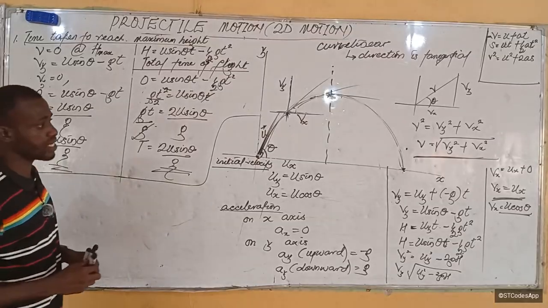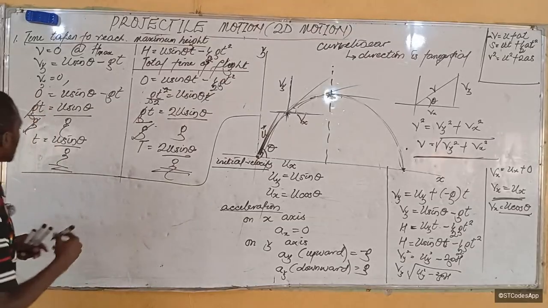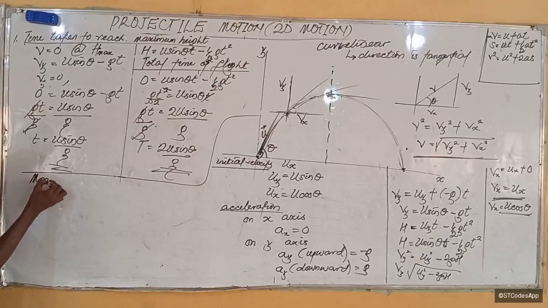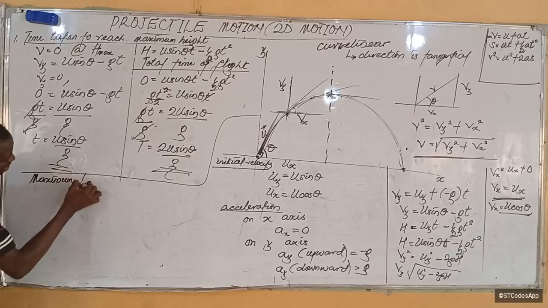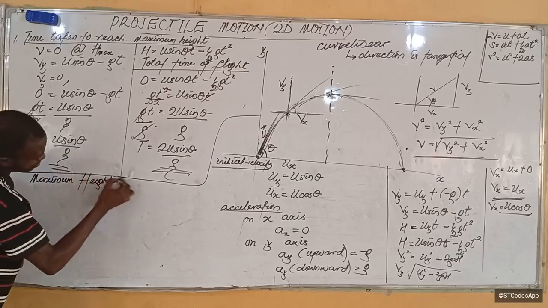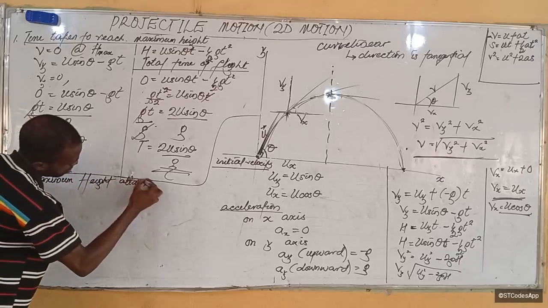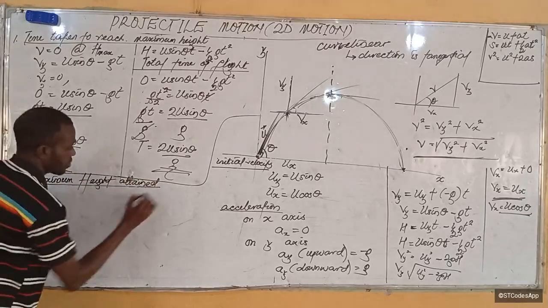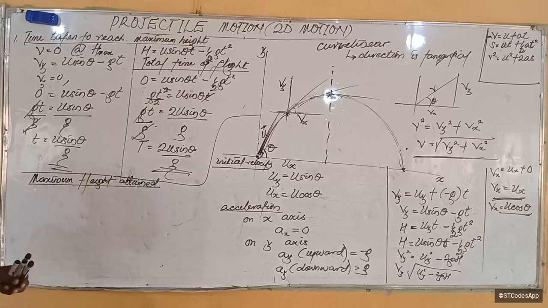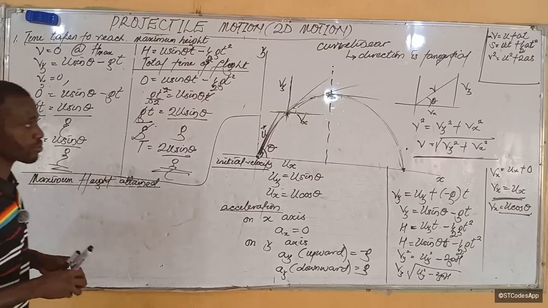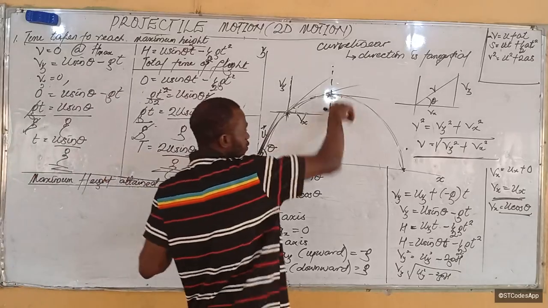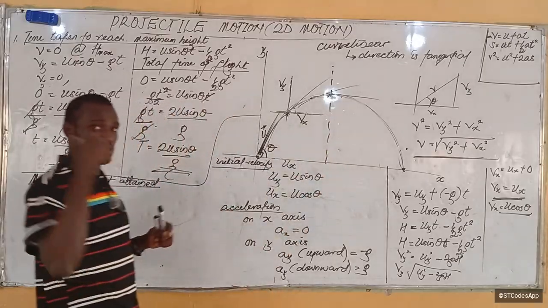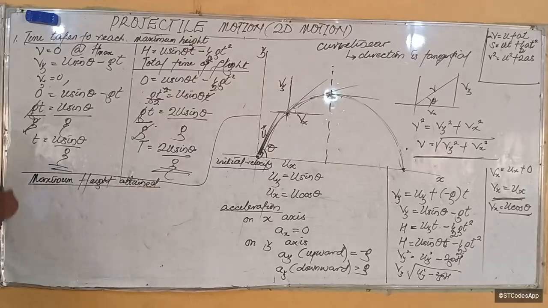The next thing I want to calculate is the maximum height attained. We want to calculate the value of this height from the ground or from the point of projection. What's the maximum height attained?